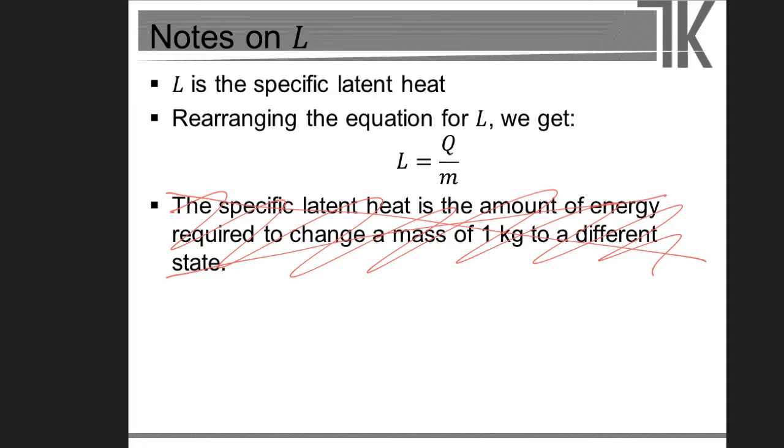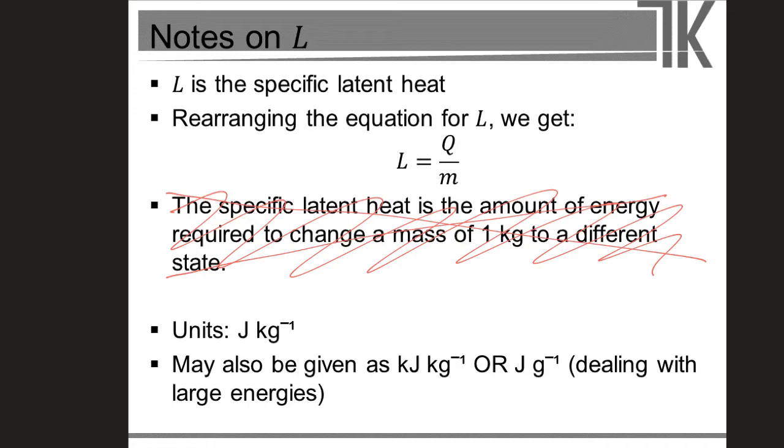So using that rearranged equation, I want you to try to come up with what you think the units for the specific latent heat are going to be. Hopefully you said joules per kilogram, which would be correct. However, they can also be given in kilojoules per kilogram or joules per gram. Note that these two units are exactly the same thing.